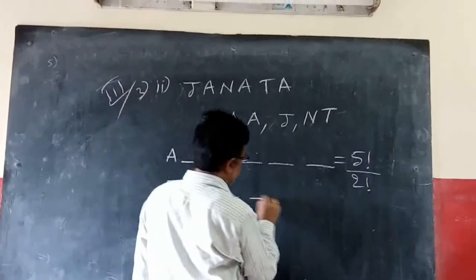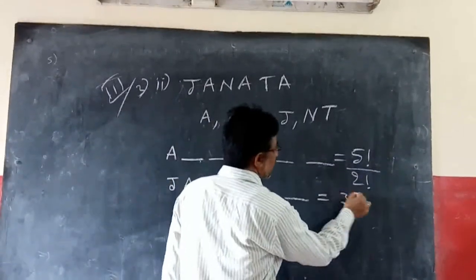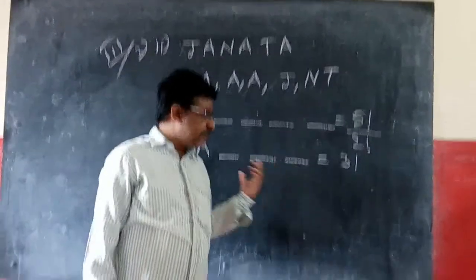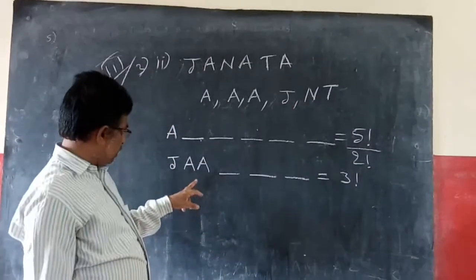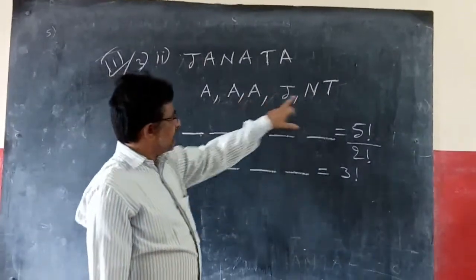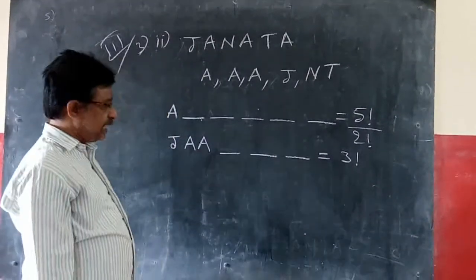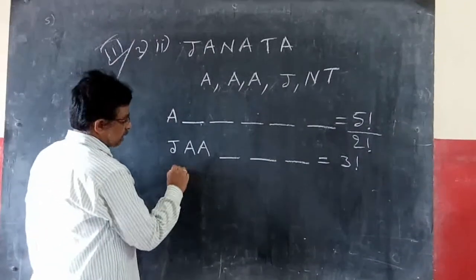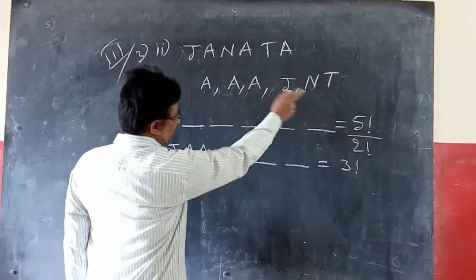The remaining 3 places can be filled with 3 letters, which can be done in 3 factorial ways. That is 3P3, which means 3 factorial.